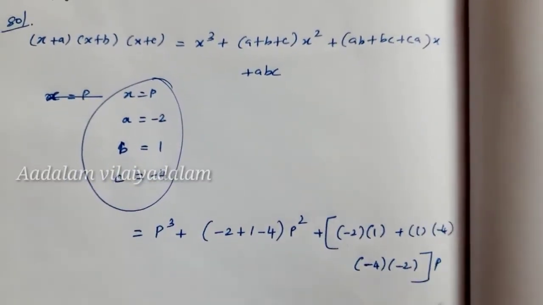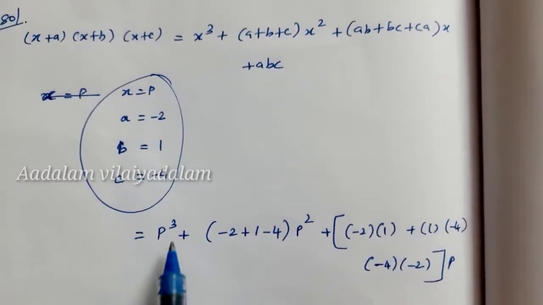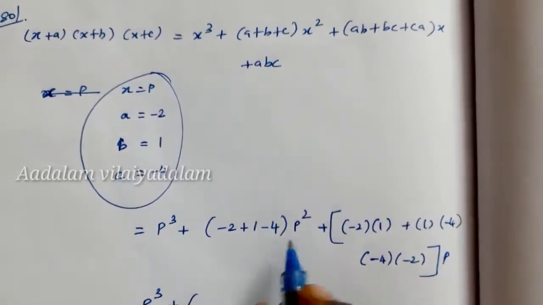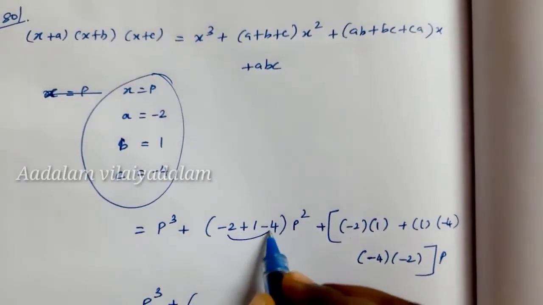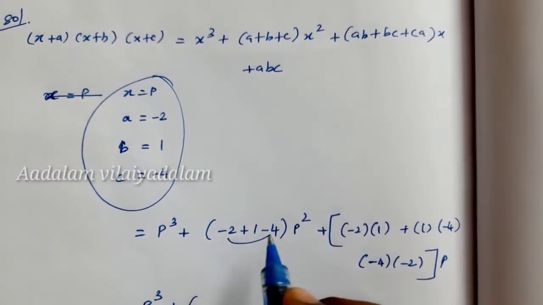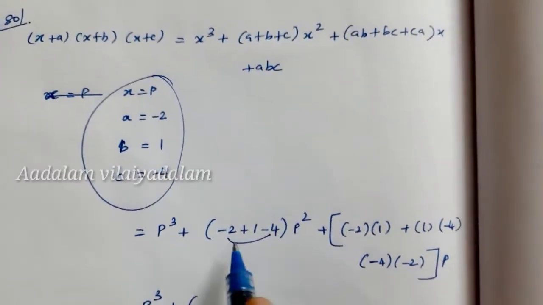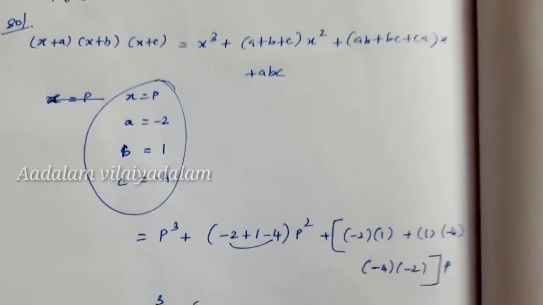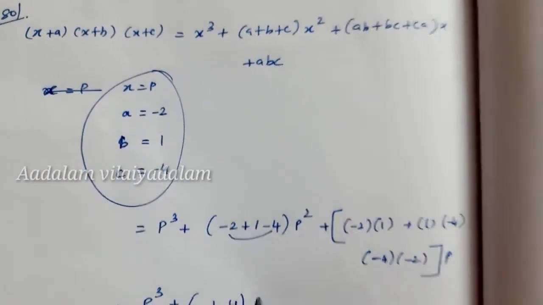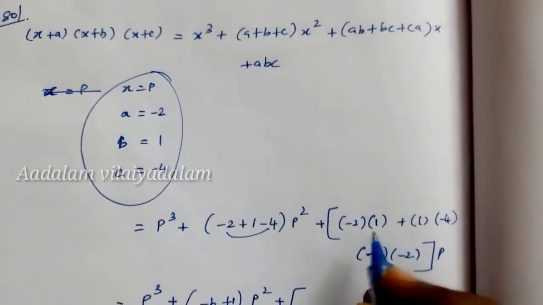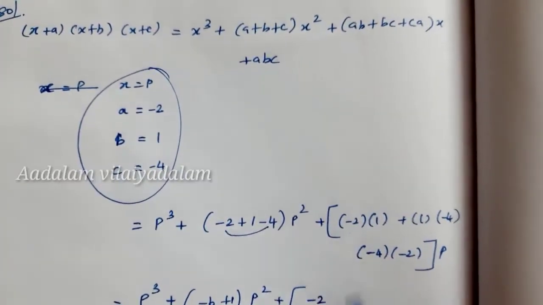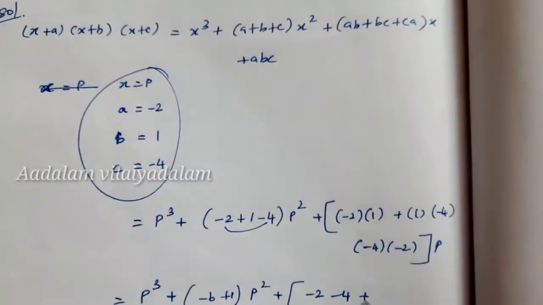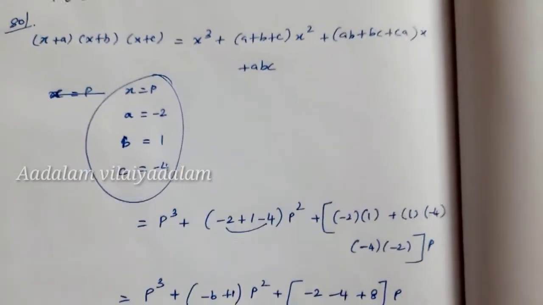Now let's solve the written expression. Solving this, we get p cube plus, here we add the values of minus 2 and minus 4, then do the subtraction. Minus 2 minus 4, we get minus 6, plus 1, then p square plus. Let us multiply this: we get minus 2, then minus 4, then plus 8, into p.